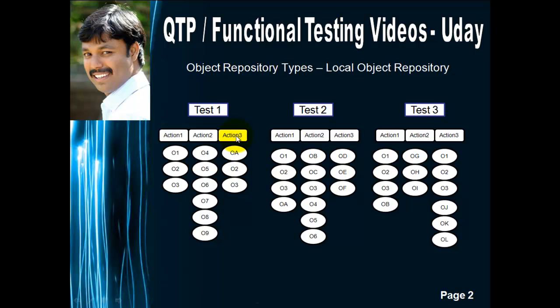And in my action 3 I am using object A, object 2 and object 3. Even though object 2 exists here and object 2 also exists in action 1, these two are considered as different objects.